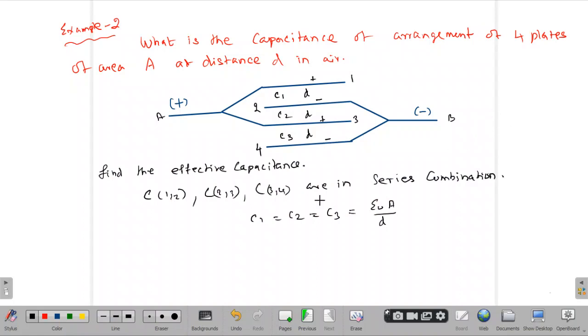Make note of it. The capacitors C1, C2 and C3 are in parallel combination.